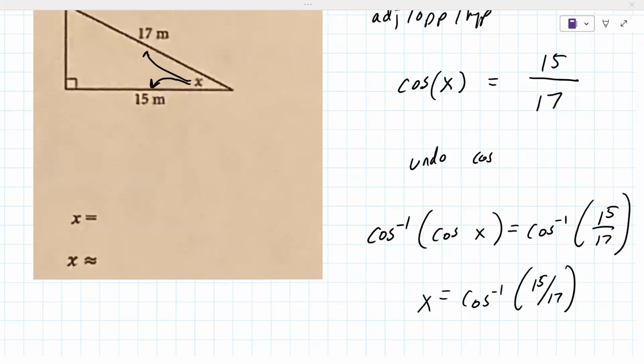15 over 17. So then I'll have to type that one out.